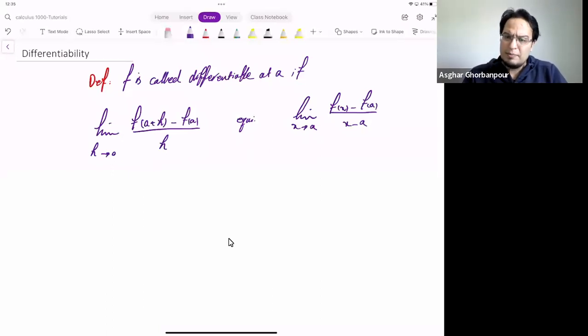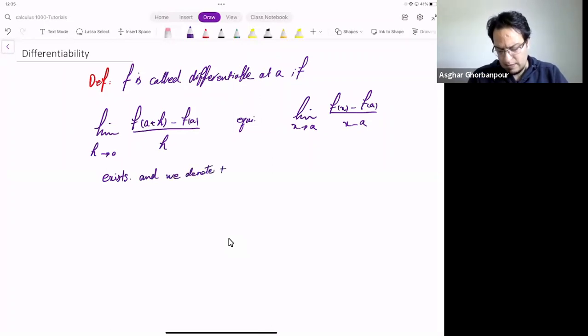The other comes from the rate of change intuition, but both of them should give you the same result. And if the limit exists, then we say that the function is differentiable, and we denote that value by f prime at a.